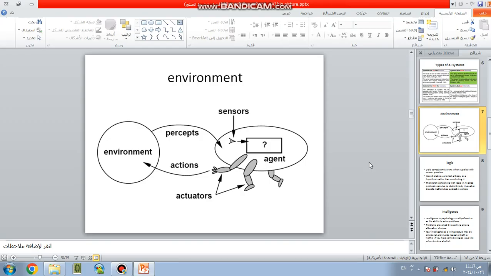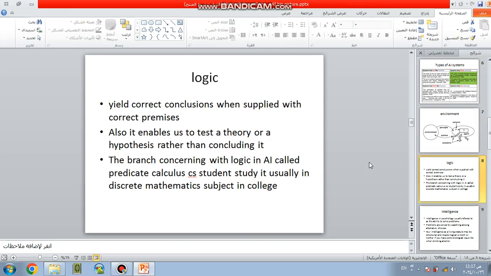How to convert this data into useful information? Using logic. What's logic? Logic yields correct conclusions when supplied with correct premises. Logic is simply input data enters, we do some processing, and we get a conclusion or output data, or output information.